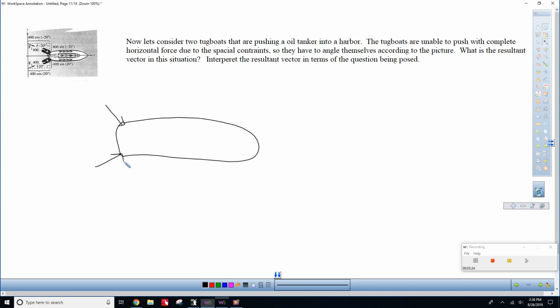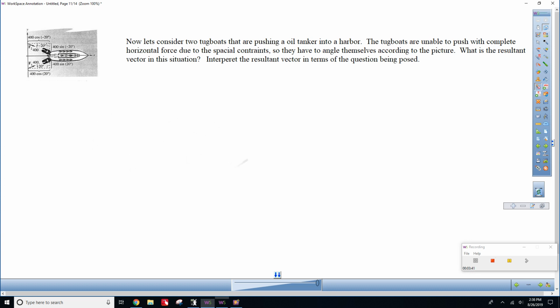So what we're going to do here is break these down into vectors. We're going to figure out how to turn these into vectors. The force is 400 pounds. So this tugboat is pushing with 400 pounds in that direction, and the other tugboat is pushing with 400 pounds in that direction.